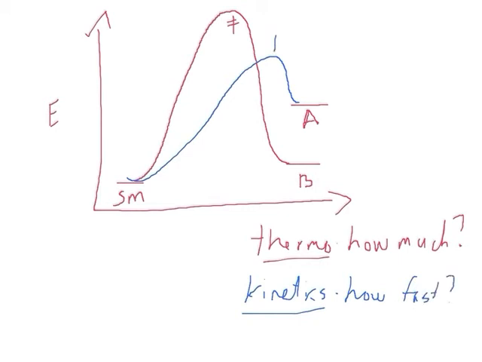So it looks at the transition state energy. Lower transition state energy means it would form faster. So in this case, A would be a kinetic product because its transition state was lower in energy, so it would form faster. Whereas B would be the thermodynamic product because it's more stable.